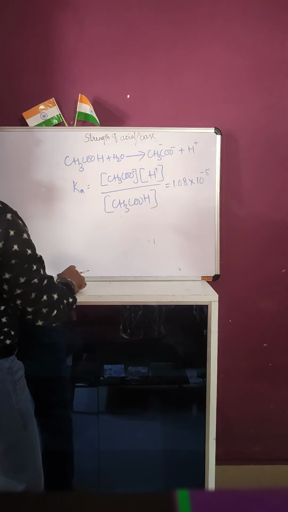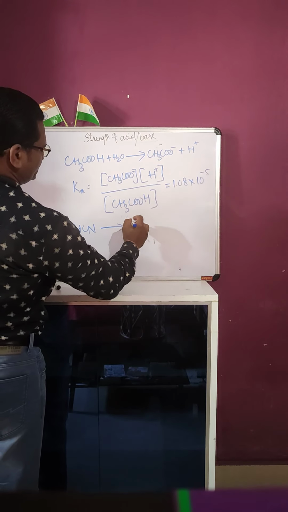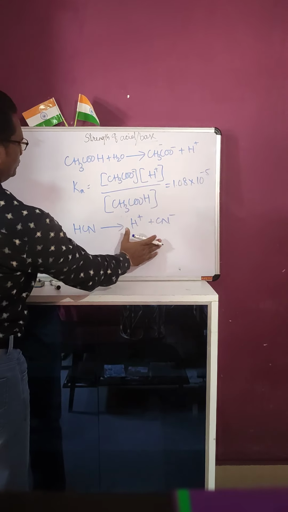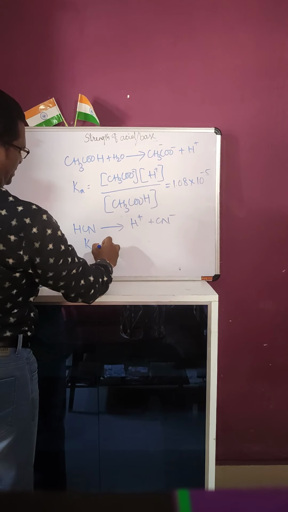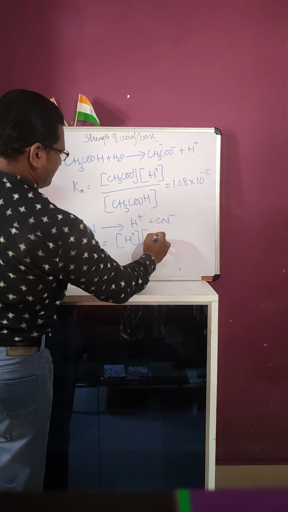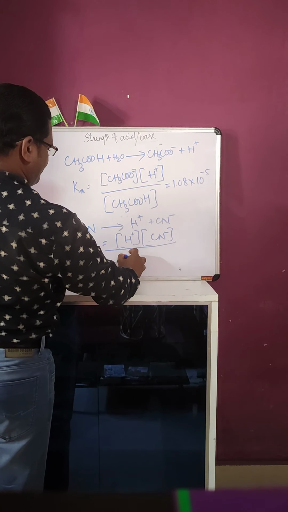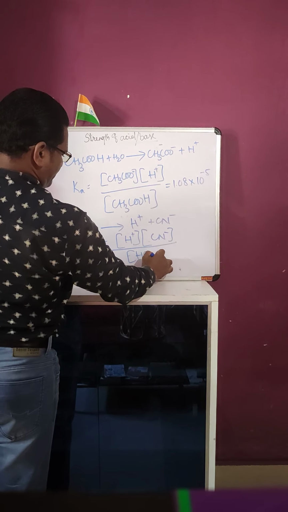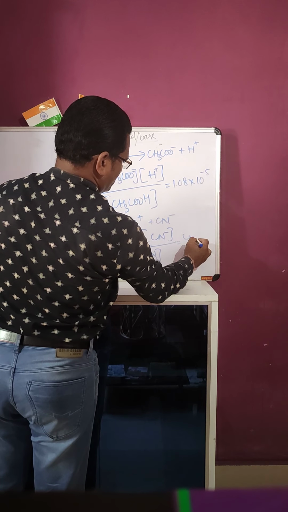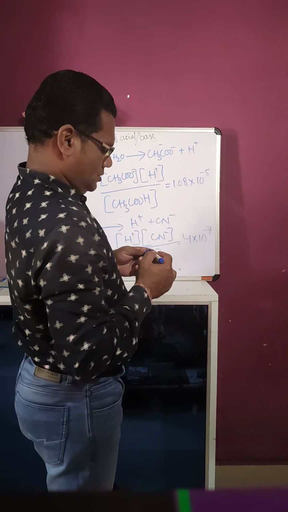Whereas let's take another acid, HCl. This dissociates into H plus and Cl minus. So here the Ka will be this value.